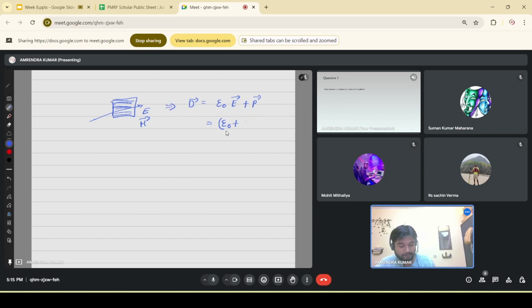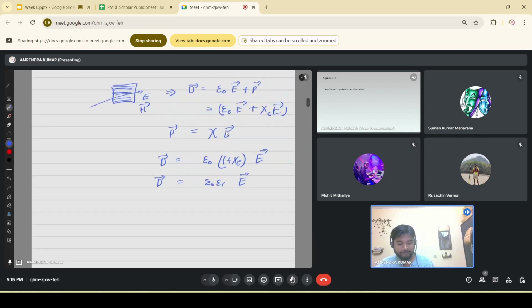This is the displacement vector. Now P is directly proportional to the applied electric field, with a susceptibility; this is the electric susceptibility. So the displacement vector is written as epsilon 0 (1 plus chi_e) E, which you can write as epsilon 0 epsilon r E vector.